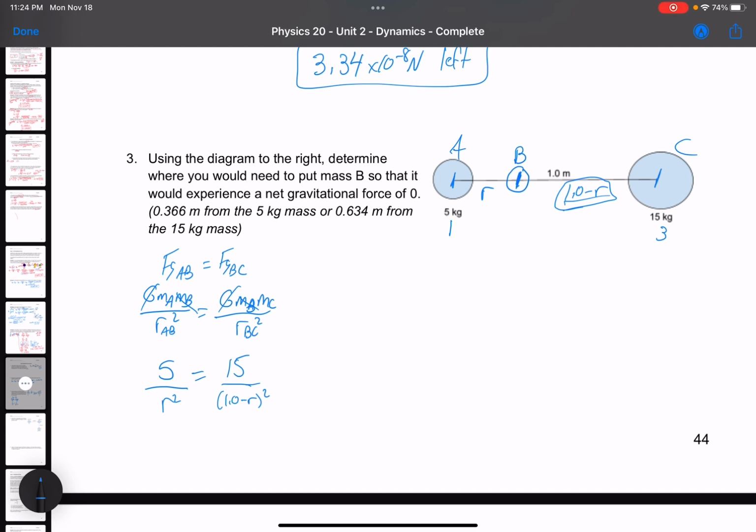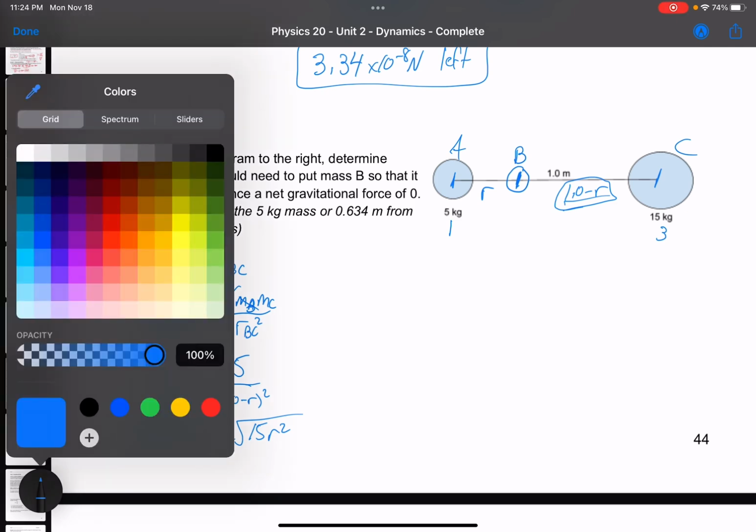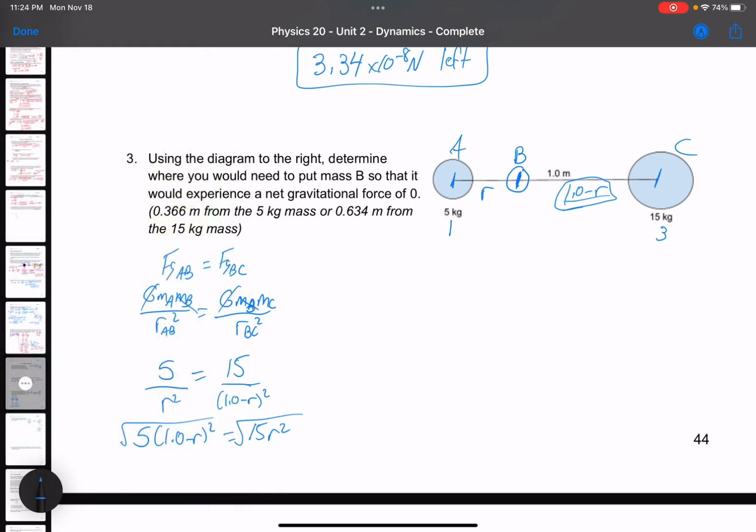So multiplying up, I have 5 onto 1 minus R squared. On this side, I have 15 R squared. Remember the shortcut is to square root everything. Now you can keep writing this as root 5, or you can switch it to a decimal. I find that people sometimes struggle with the root, so I'm just going to write this as a decimal.